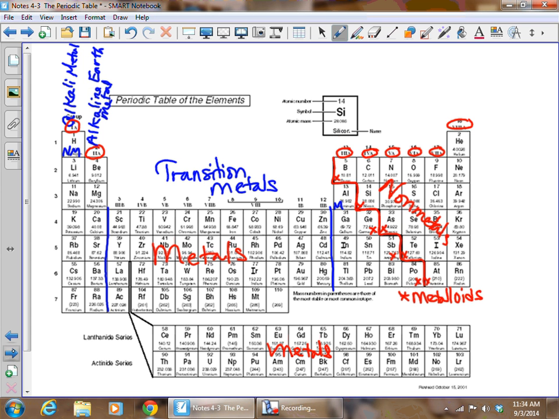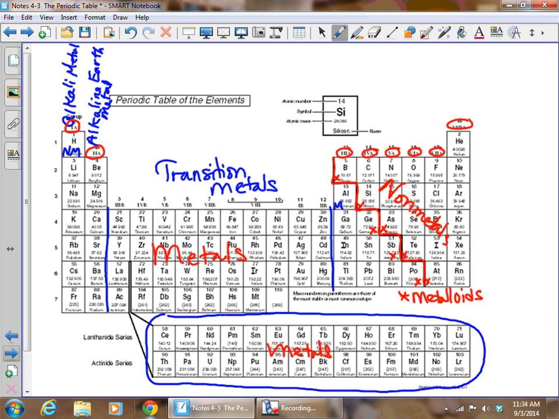Down here at the bottom, both of these bottom two rows are called the inner transition metals and the rare earth elements. Inner transition elements or inner transition metals, and rare earth elements or rare earth metals. It's really kind of academic at that point which one you call them. They're metals and they're elements.